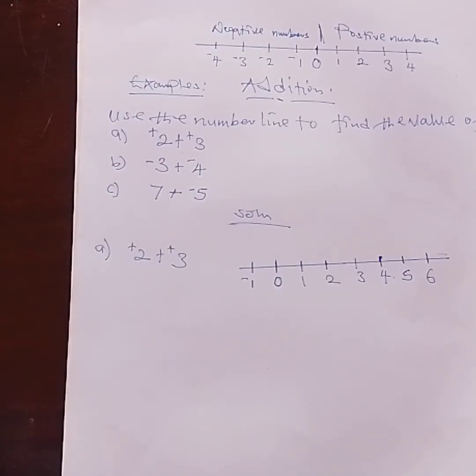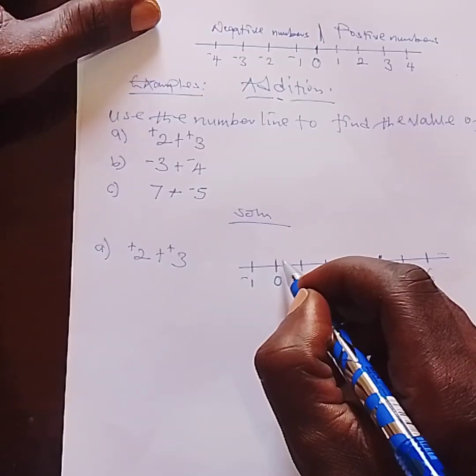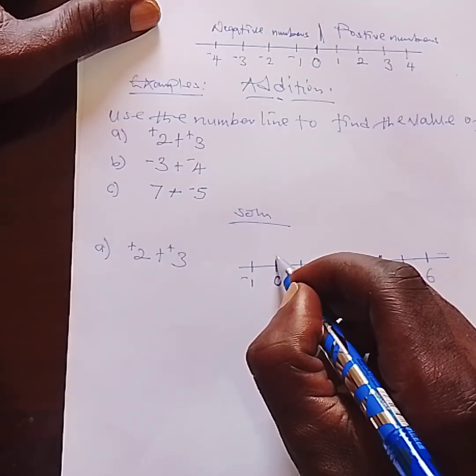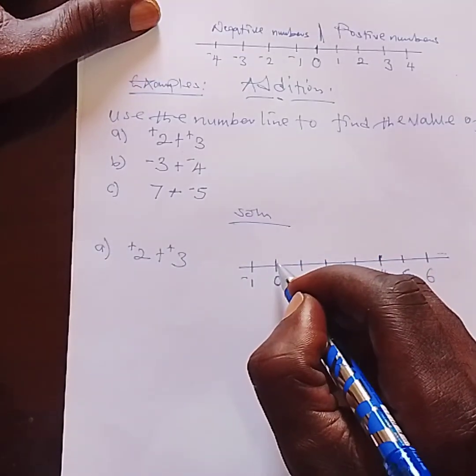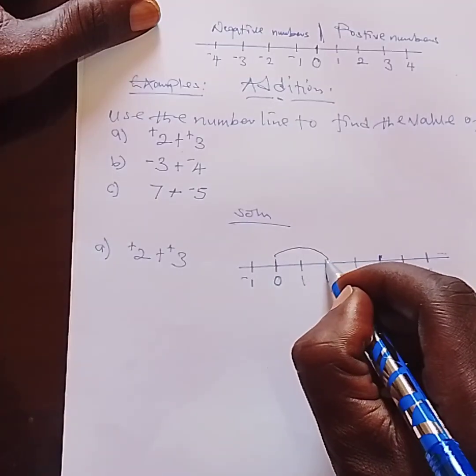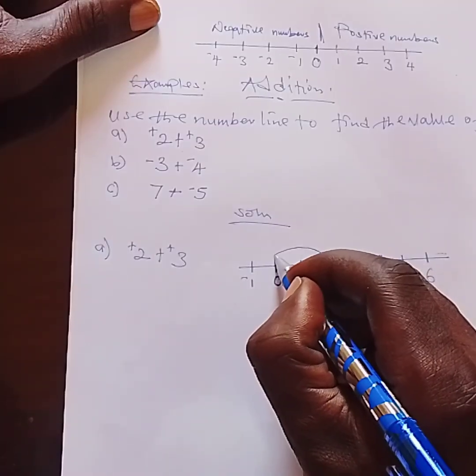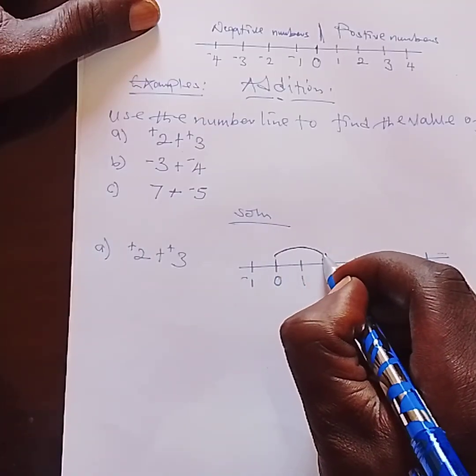So now our first equation says they want us to get positive 2 plus positive 3. What are we going to do? We are going to come from 0 to positive 2.